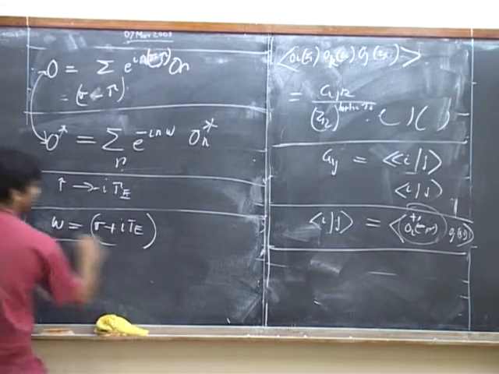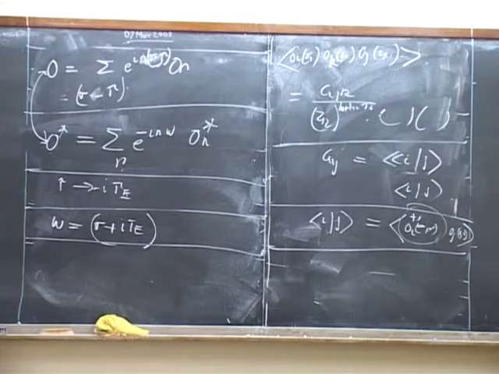Okay, so under complex conjugation, what have we got?